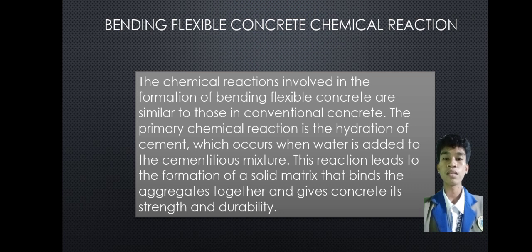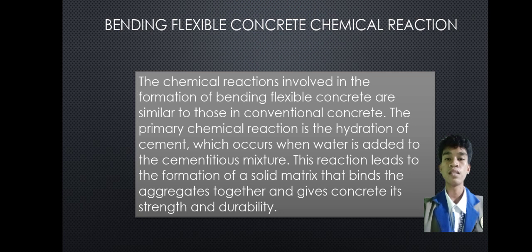During hydration, the main chemical compounds in cement such as tricalcium silicate or C3S and dicalcium silicate or C2S react with water to form calcium silicate hydrate or CSH gel. This gel fills the spaces between the cement particles and aggregates, providing binding and strength giving properties of concrete.